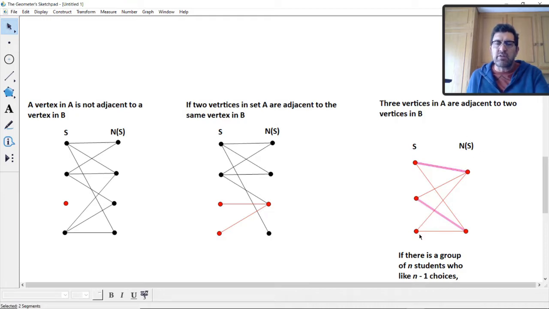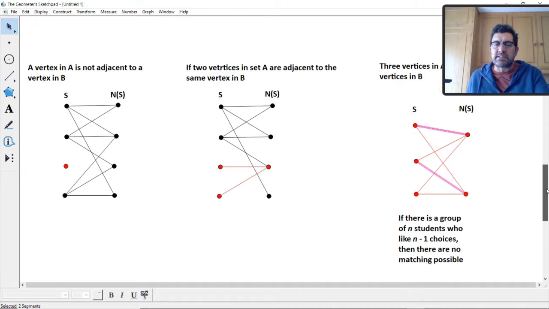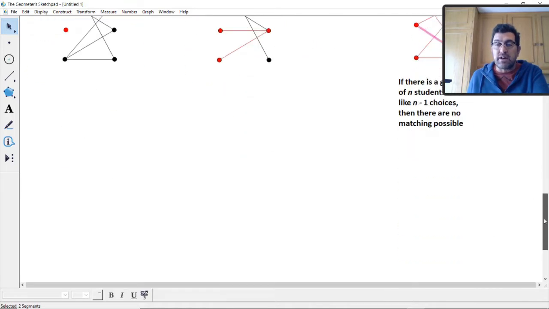So this third vertex is not connected, cannot connect, like it could not connect here. It could not connect to a vertex in the other side. So if there's a group of n students who like to make n-1 or less choices, then the matching is impossible for us to find.